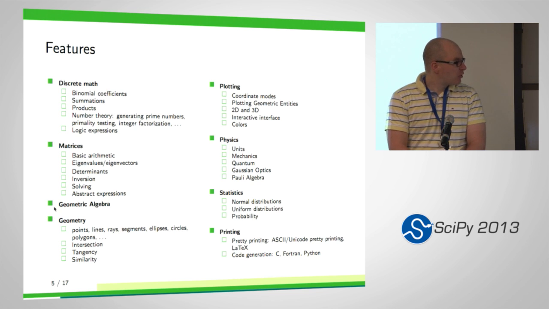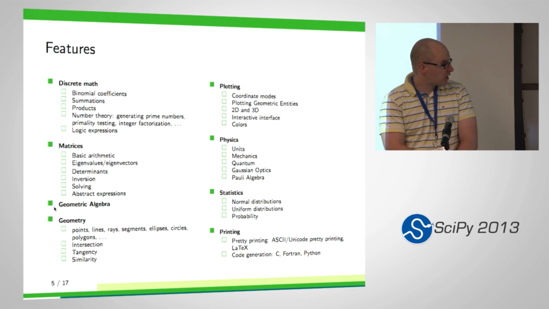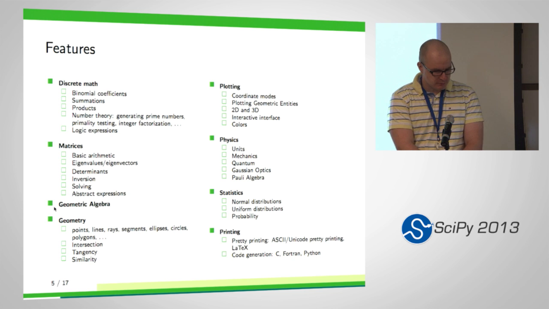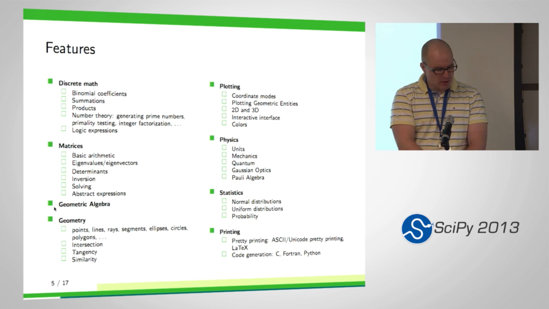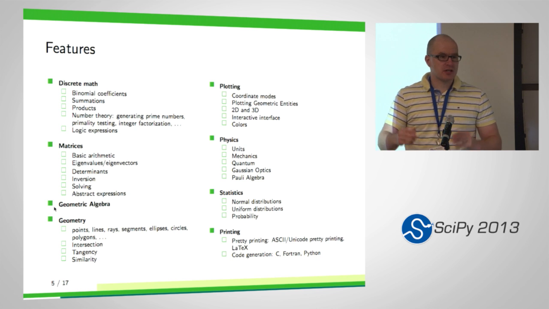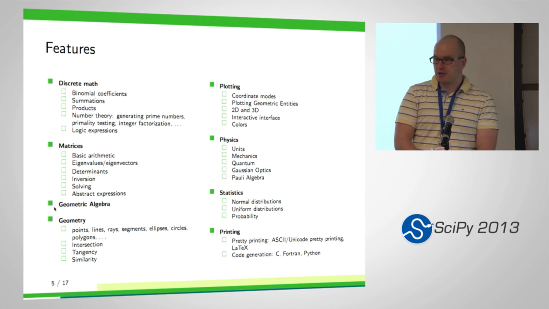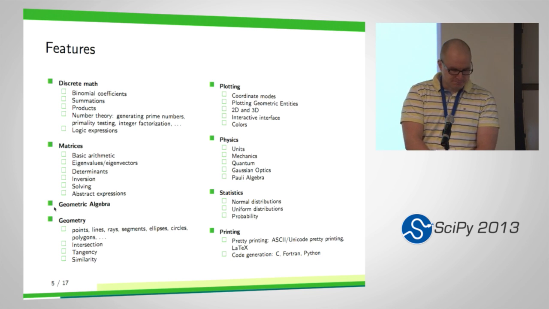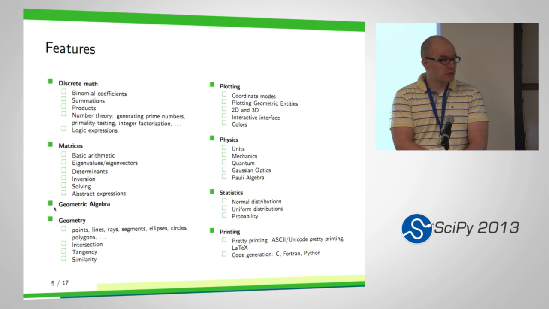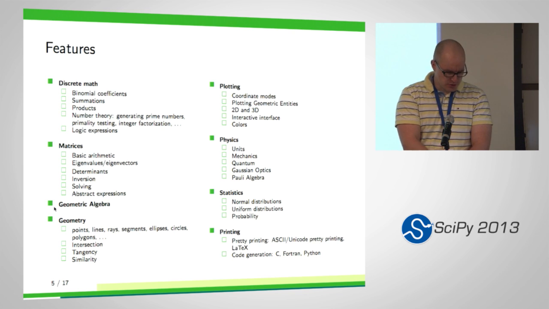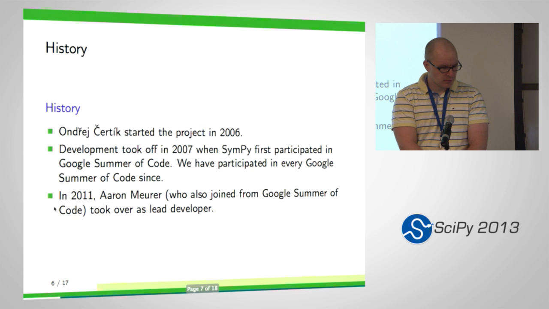It has some optics, and all kinds of applications. It has a module for statistics, and it also has a module for printing. So you can take the expression and print it in LaTeX and or generate code in C or Fortran. And you'll see most of these things in the tutorial.